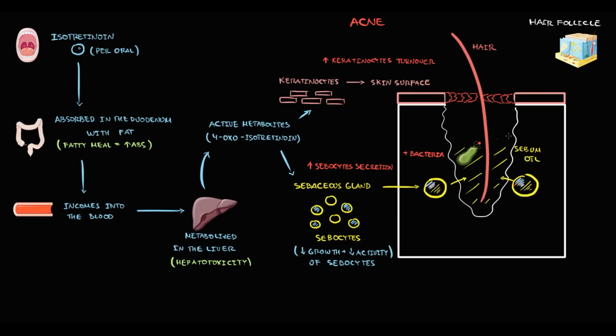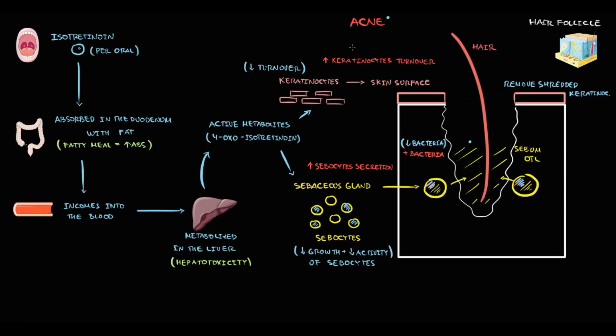The second feature is that isotretinoin causes decrease in turnover of keratinocytes, and by removal of shredded keratinocytes, isotretinoin reduces formation of comedones. With unclogged pore, bacterial proliferation decreases, which also contributes to reduction in severity of inflammation.